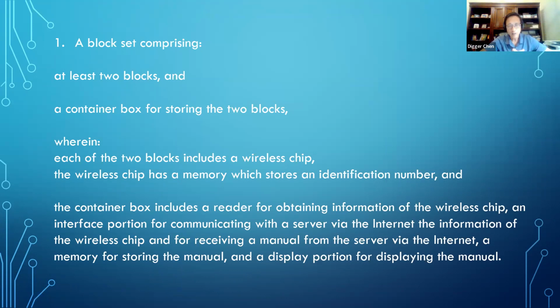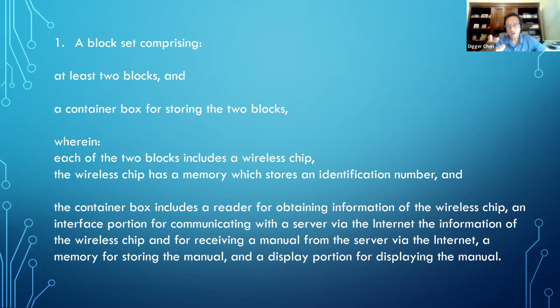It's combining basically at least 2 blocks, so 2 blocks or more than 2. Say at least 2 blocks, meaning you may have 3 blocks, you may have 2. And a container box for storing the 2 blocks.